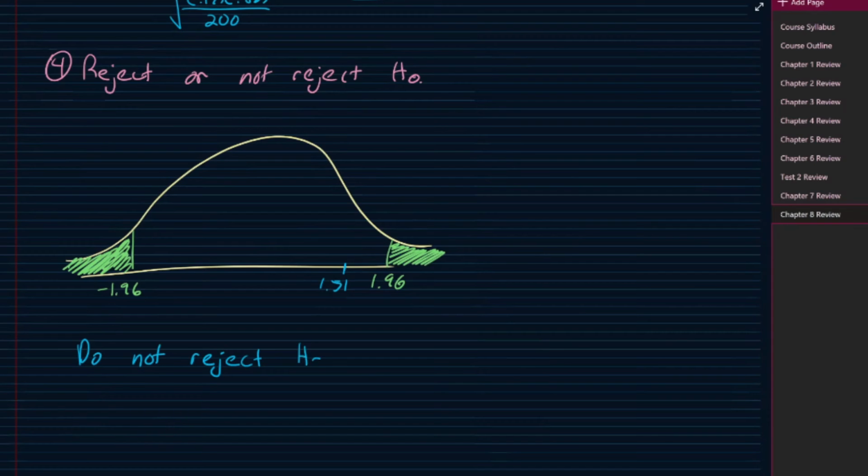So in this case, we do not reject H sub 0. And so we would say at an alpha of, what was it again, 0.05, there is not enough evidence to reject the claim.